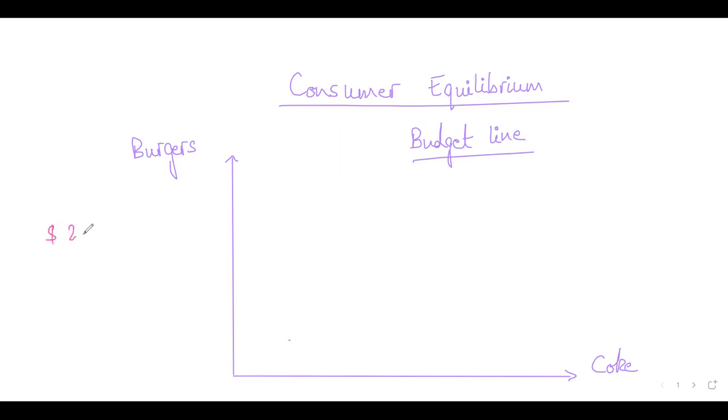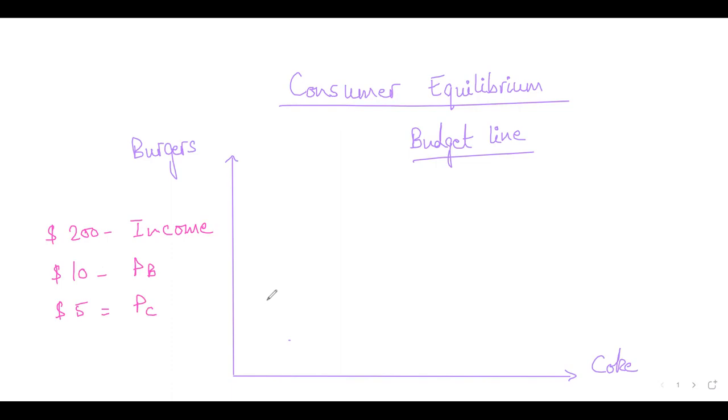So let's assume a consumer currently has an income of $200, and each unit of burger costs, let's say, $10. So this is the price of burgers, PB. And let's say each bottle of Coke currently costs $5, right? Are we getting this? Okay.